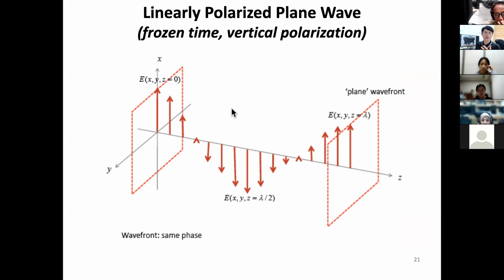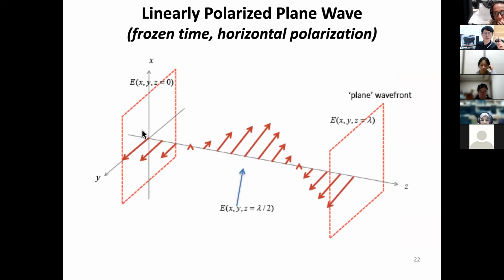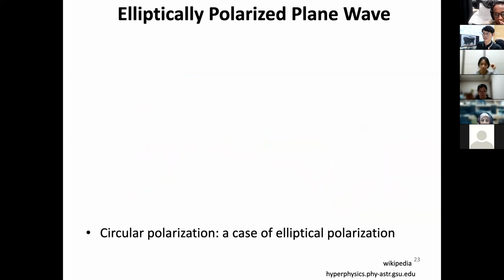Okay, but this is only a vertical electric field. It can be horizontal polarization. These two are general because in the plane of incidence, your electric field is somewhere in between vertical or horizontal.